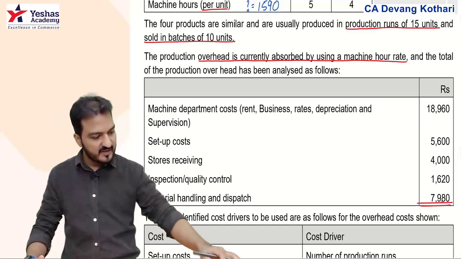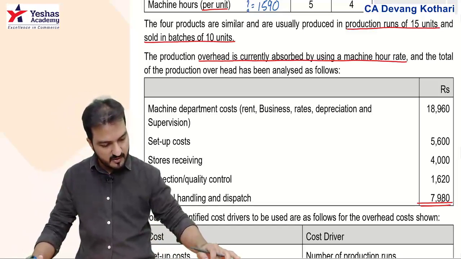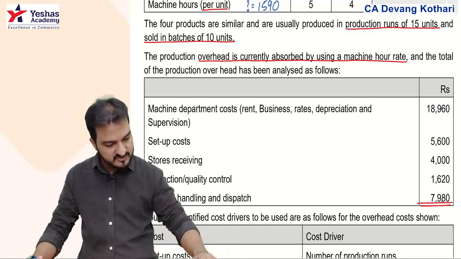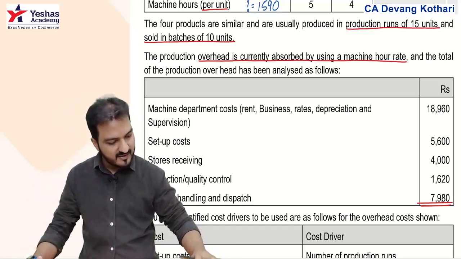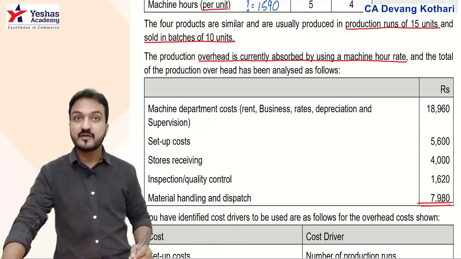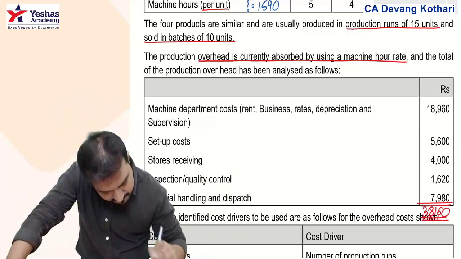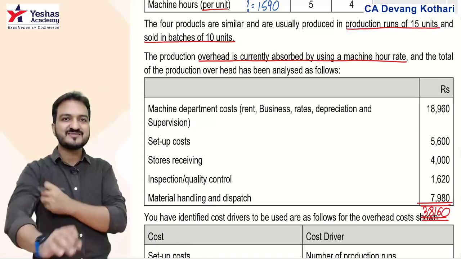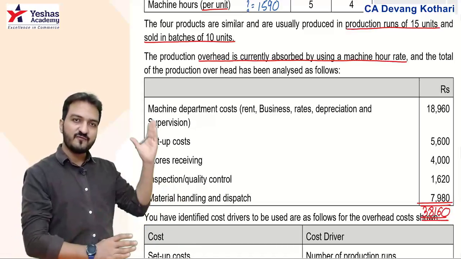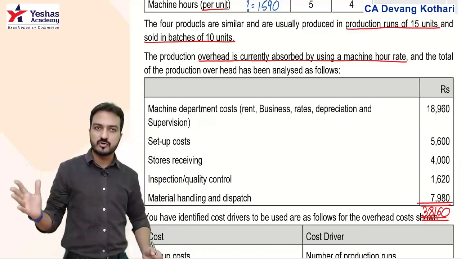If you add all these items, 18,960 plus 5,600 plus 4,000 plus 1620 and plus 7980 gives you 38,160 as the total. 38,160 is my total of all 5 items. 38,160 becomes my total overheads.